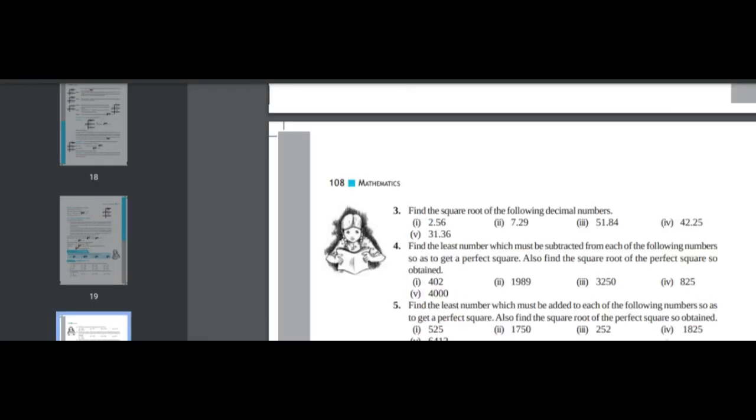The first one is 2.56. First you have to find the square root of 2.56. How can it be calculated? You have to place 2.56 first, like this. This is how you have to start the question.